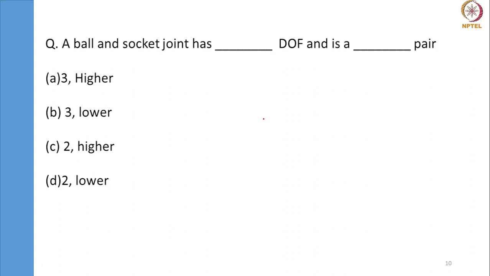A ball and socket joint has dash degrees of freedom and is a lower or a higher pair. What is it? Higher pair. Any answers?